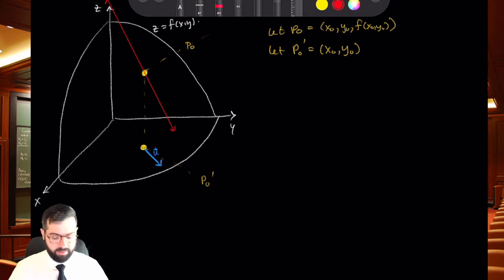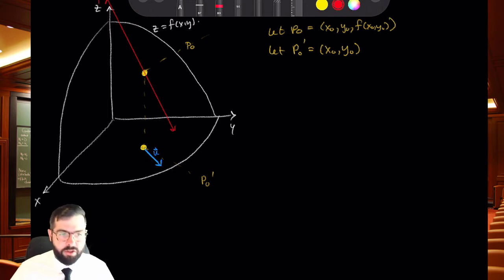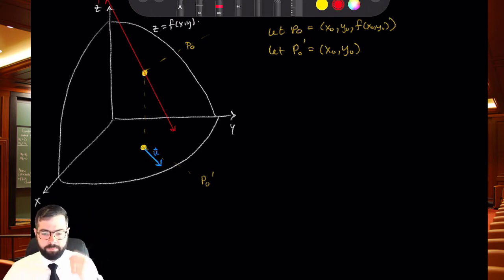These should look parallel. Since it's sloped, it looks like they're not, but this tangent line t and u are both pointing in the same direction.